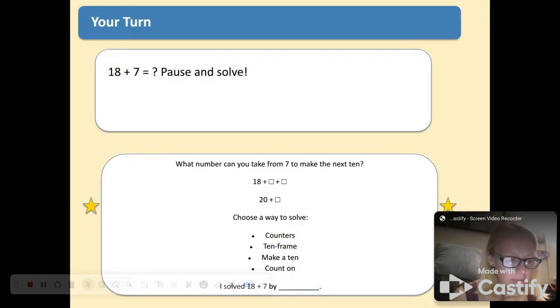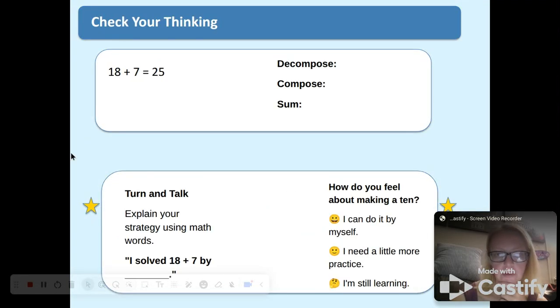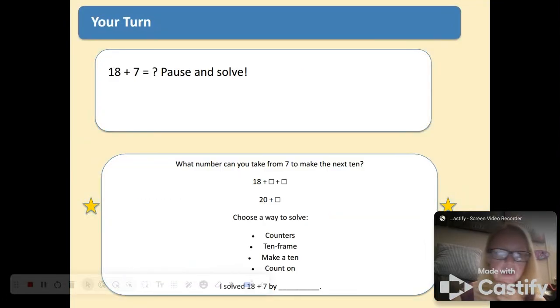So 18 plus 7. And it says right here, what number can you take from 7 to make the next 10? So we have 18. So what could we add right here to it to make 20? Because that would be our next 10 frame. Yeah, it would be a 2. So 18 plus 2.